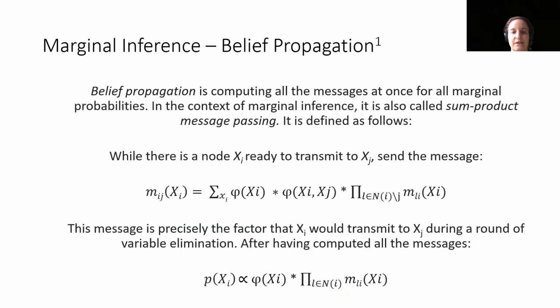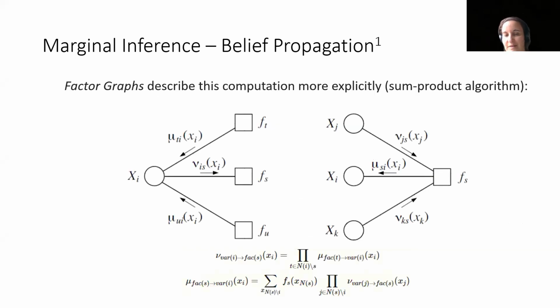Now, another way of defining or calling this algorithm is sum-product, and that's where another construct, the factor graph that we saw last time, comes into play. The factor graph was an undirected bipartite graph.